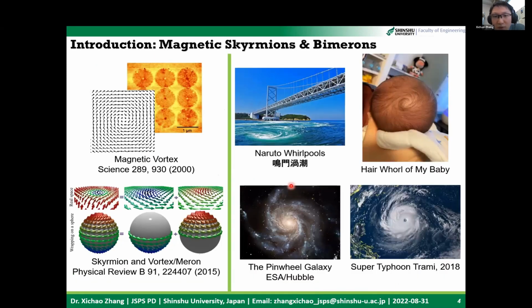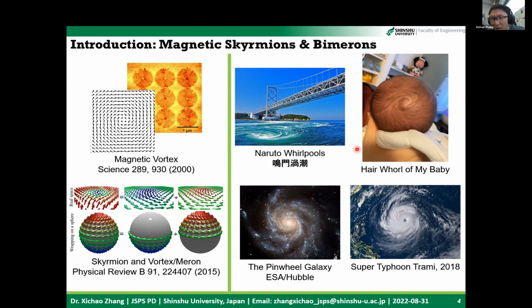Before talking about the magnetic skyrmions, I want to first show you some pictures about the vortex structure. This is because the skyrmion is just like a vortex structure. The vortex structure is very famous in our universe. It can be found in the nanoscale magnetic materials.